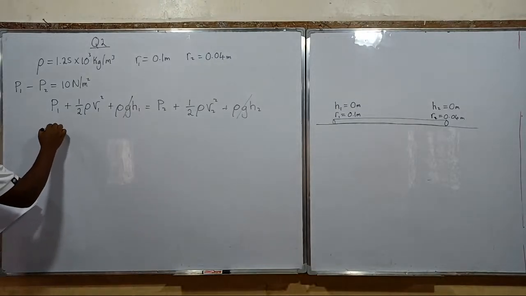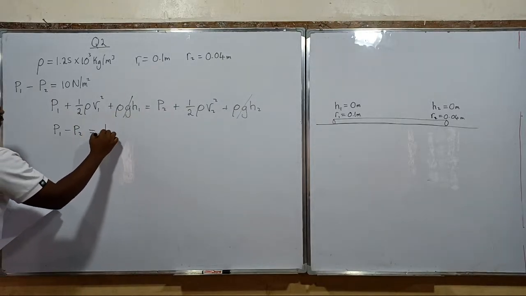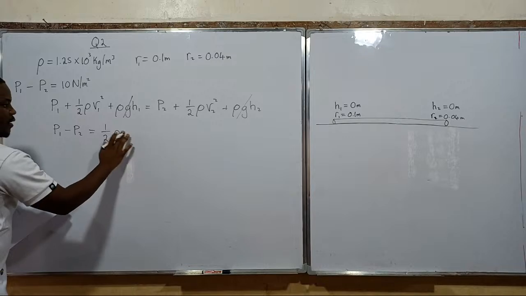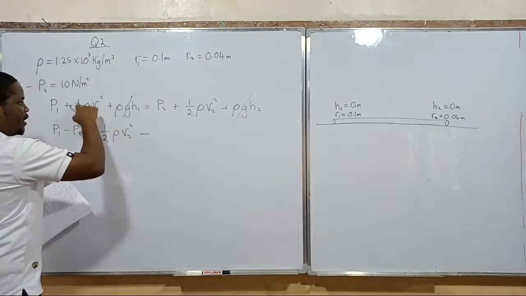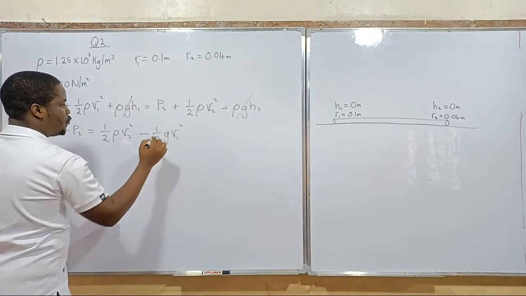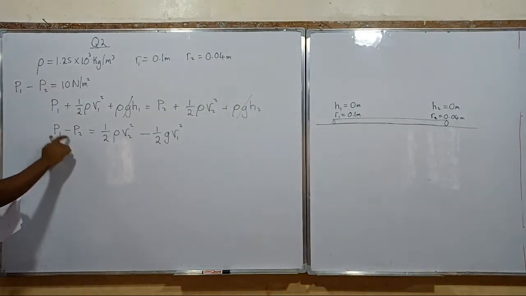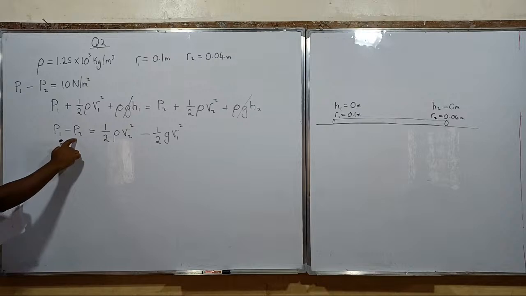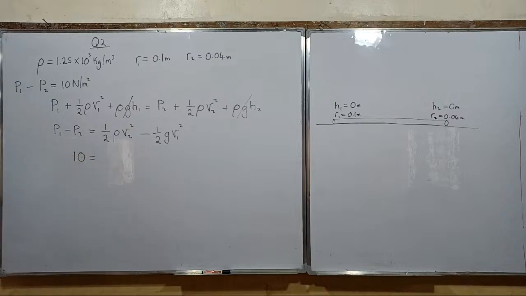So pressure 1 minus pressure 2 is equal to half rho V2 squared minus half rho V1 squared. Remember, the pressure drop is 10. So where there's P1 minus P2, we just replace it with 10.